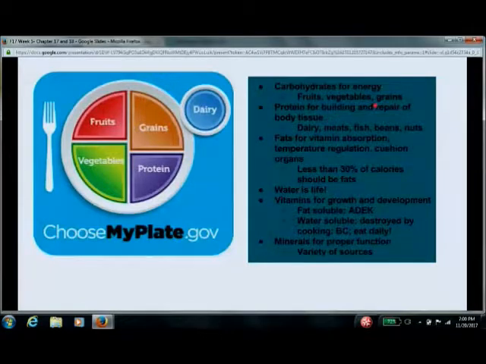Vitamins B and C are water soluble and are easily destroyed by cooking, so we have to eat them daily. Vitamins A, D, E, and K are stored in fat in the body, and we do not have to eat them daily. And then we have minerals that are needed for proper function. There's a variety of minerals. Some of the more important ones for the oral cavity are calcium, phosphate, and vitamin K, which is good for clotting. So there's a bunch of them.